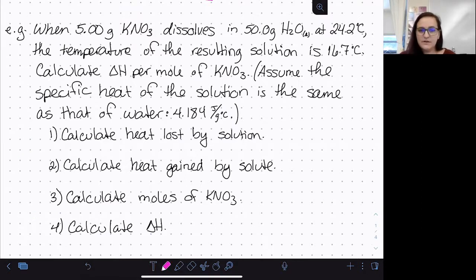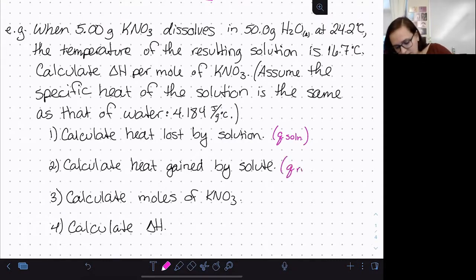The first thing that we want to think about is how much heat was transferred by our solution, how much heat in this case was lost by our solution since it's cooling off. So we can calculate q for the solution. And once we know that, the solution is really our surroundings, and the reaction itself, the solute particles themselves, are our system.